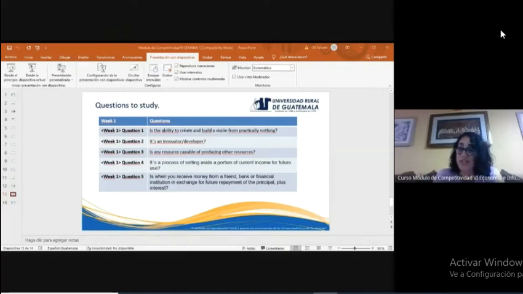Thank you so much to the students that are sharing these pictures with the translation in Spanish. Here we have the 5 questions for this week. This is the homework, and every week I'm going to give you 5 questions. So for our first partial test, we're going to have 25 questions, and some of these are probably going to be in the test.